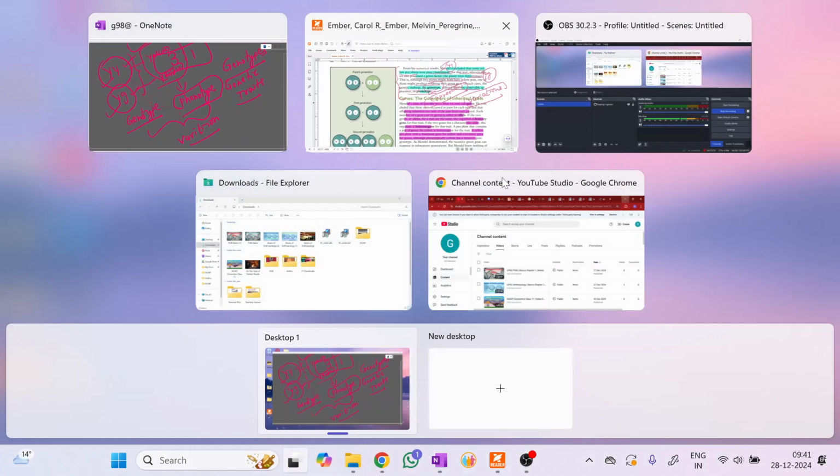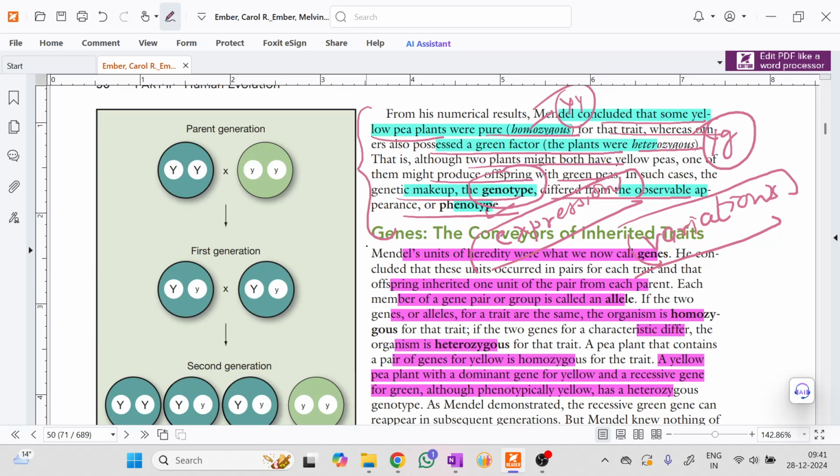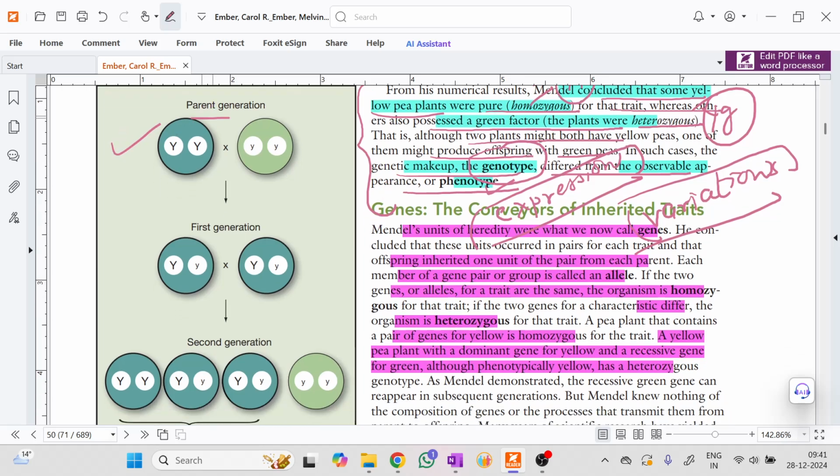So this was the observation that was made by Mendel. Here, in the first generation, YY, both the capital, both the dominant one, but since both the traits are similar, it is known as homozygous. And the one with which the dominant homozygous was crossed was also a homozygous, a recessive one, because it possessed both similar traits.